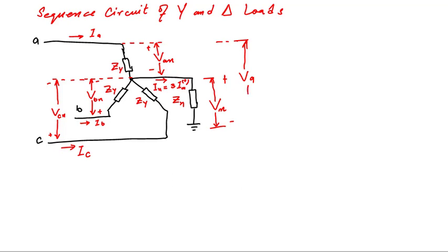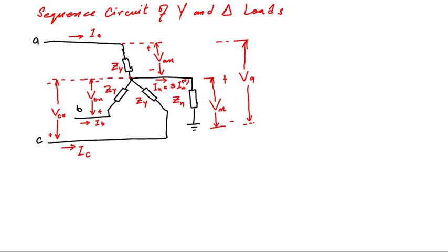VA here will become equal to VAN plus VN, the voltage from phase A to neutral and the voltage from neutral to ground due to this current IN. In a perfectly balanced condition, the sum of the three currents IA, IB and IC will be 0, no current will flow through this path, no voltage will appear, and VA will be equal to VAN. But here we are dealing with unbalanced condition, so we use the VA voltage.